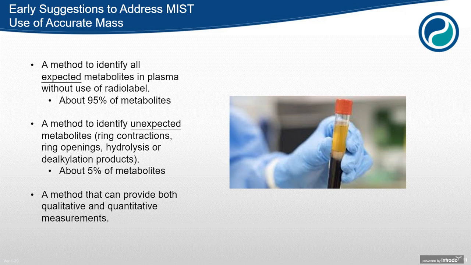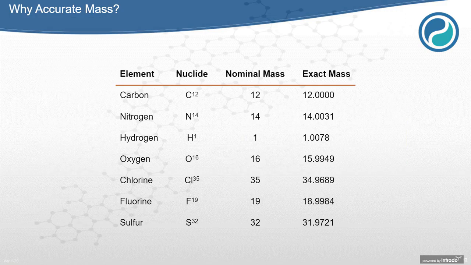We also need to be able to identify the unexpected metabolites. These are metabolites due to things like ring contractions, where something unusual happens and it's not something that's easy to predict. Again, this represents about 5% of metabolites. And then this method has to be capable of providing both qualitative and quantitative measurements. Could I have the next slide, please?